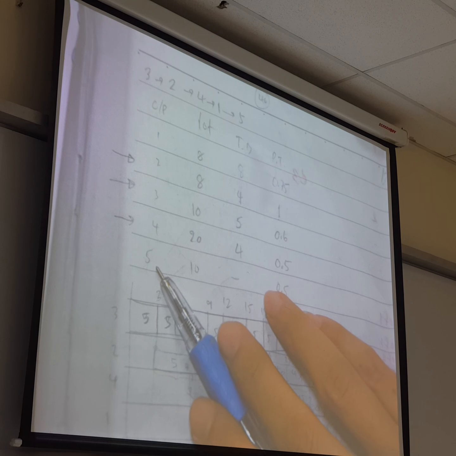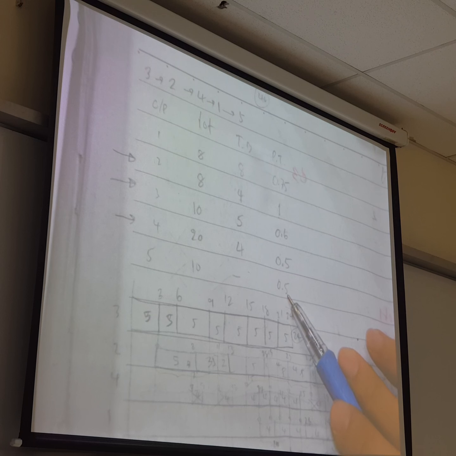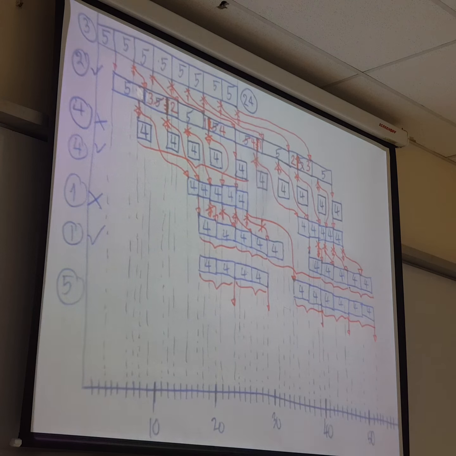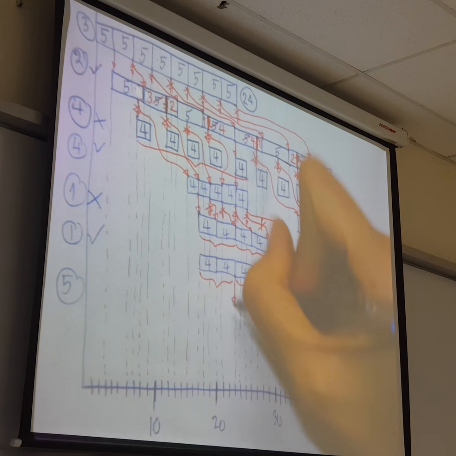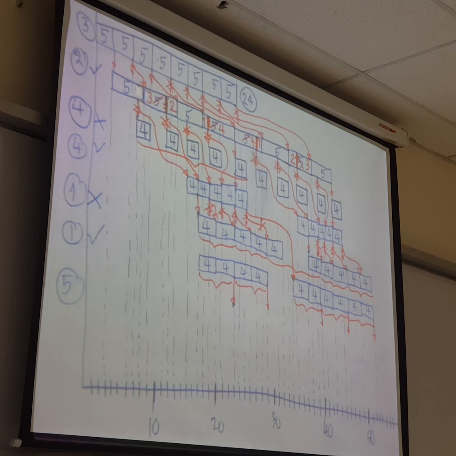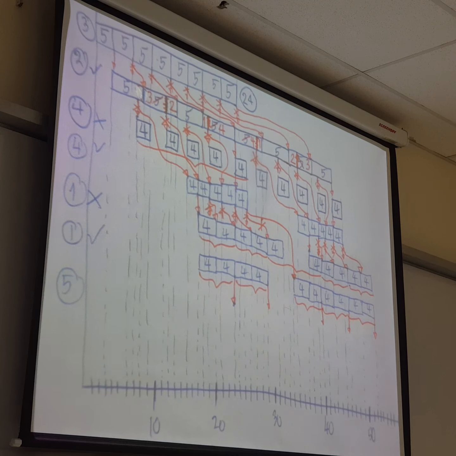For operation 5, you use half a minute to process 1 unit. With 8 units transferred to operation 5, how many minutes does it take? 4 minutes, right?